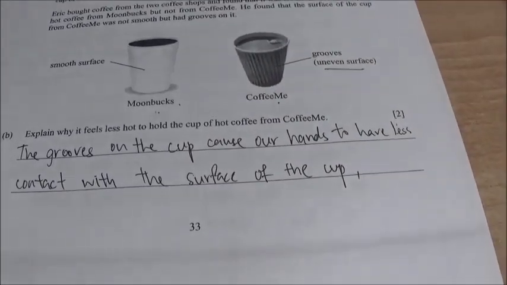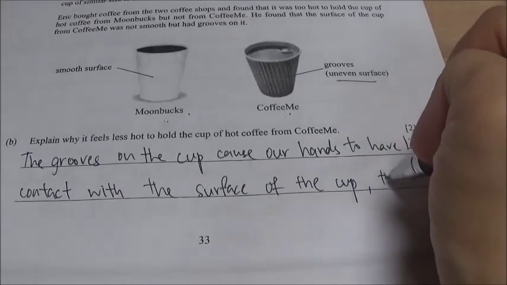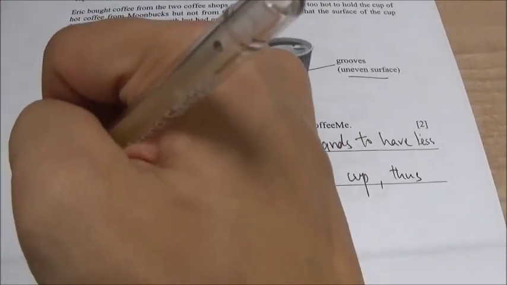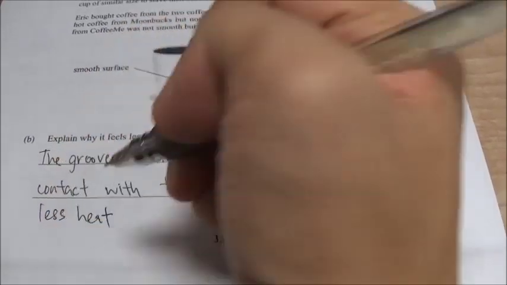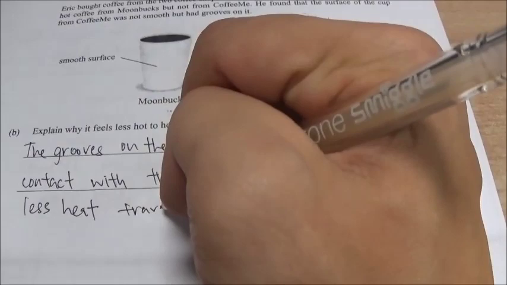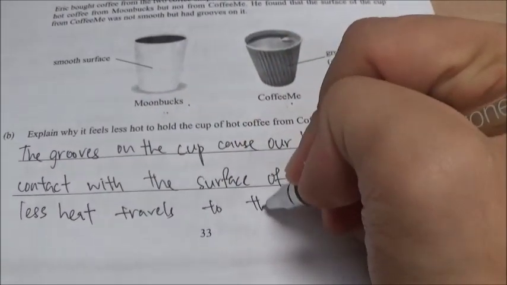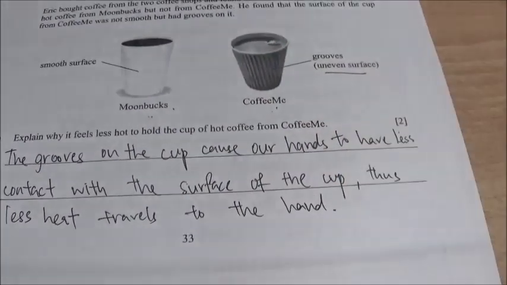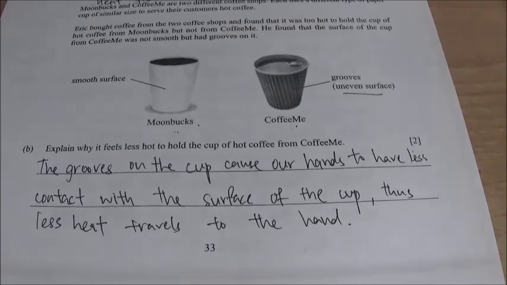You cannot stop here. So what if it is less surface? You must explain to me. Thus, less heat travels to the hand. Okay, so that's the answer for this question.